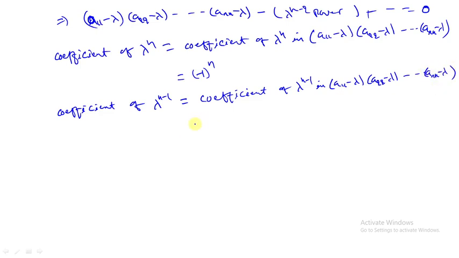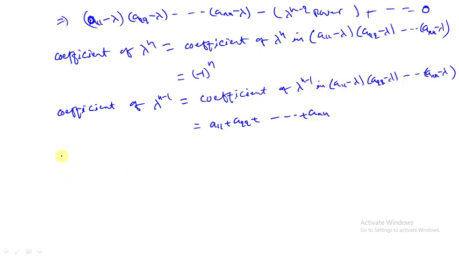Now, what is the coefficient of lambda power n minus 1 when you are taking this product? We are getting minus 1 power n minus 1 times the sum a11 plus a22 plus up to so on ann, as the coefficient of lambda power n minus 1.